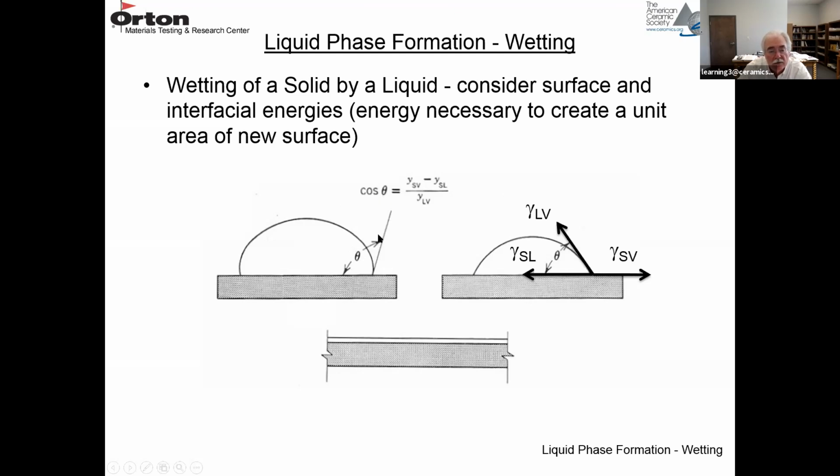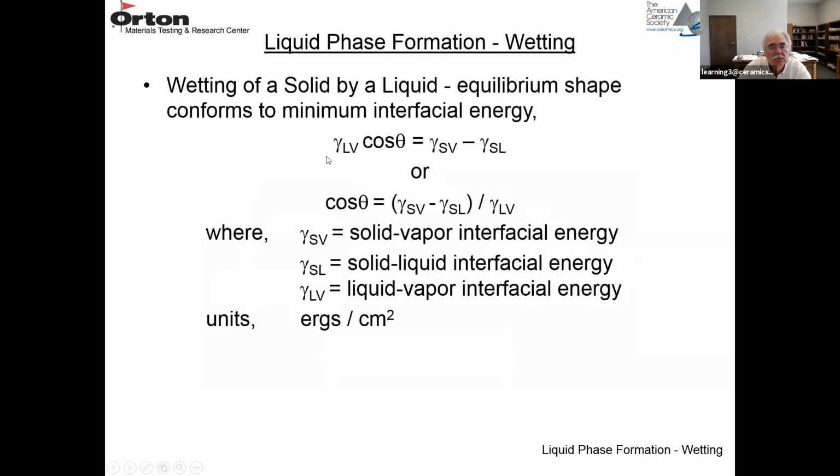The cosine of the contact angle theta equals gamma SV, the surface energy between the refractory and the atmosphere, minus gamma SL, the interfacial surface energy between the refractory and the liquid slag, divided by gamma LV, the surface energy between the liquid slag and the atmosphere. So this is the equation: gamma LV times cosine theta equals gamma SV minus gamma SL.